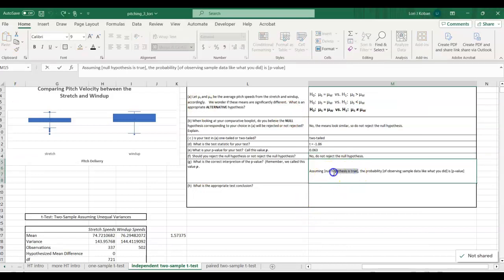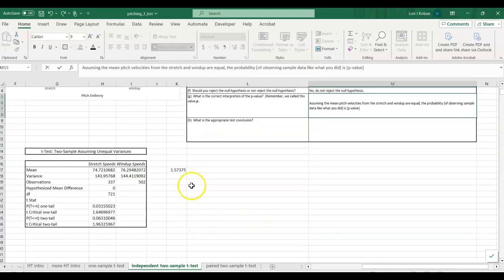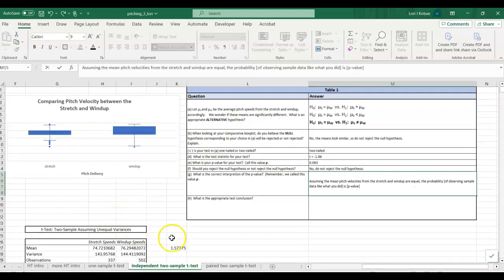Assuming the null hypothesis is true, which says those two means are equal, so assuming the mean pitch velocities from the stretch and windup are equal, the probability of observing sample data like what we saw or more extreme, so the probability the difference in sample means is 1.57 miles per hour or more, is 6.3%.